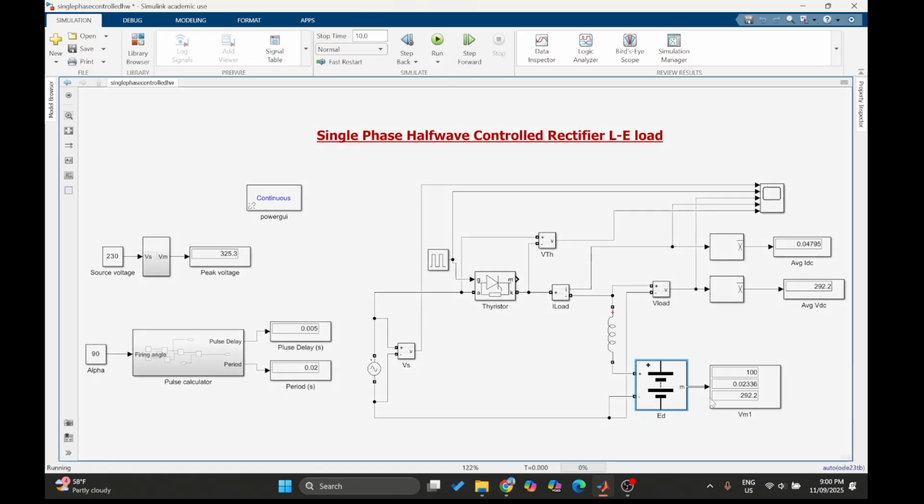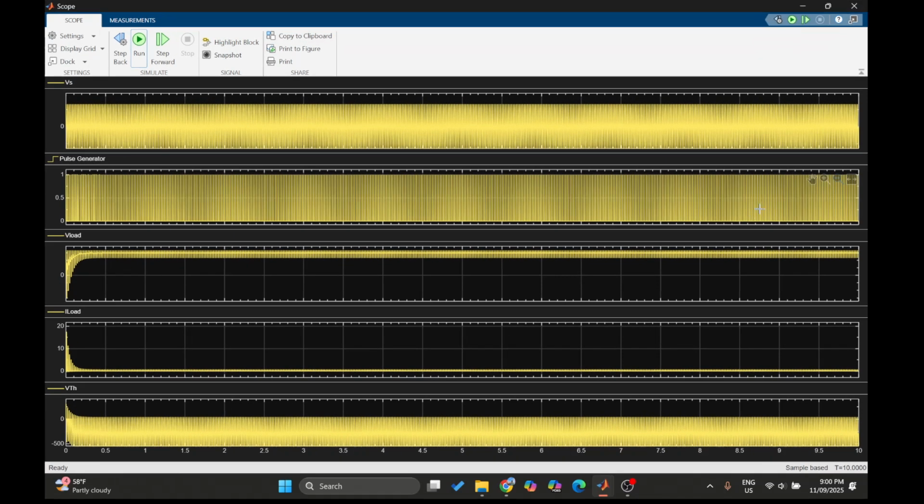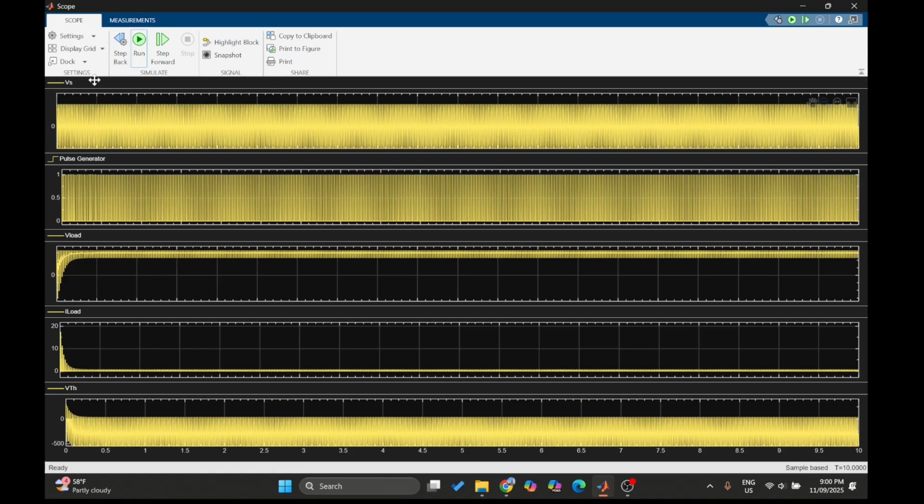Let's run. Now you can see that though we have an average DC voltage near to this one, the current is very small.